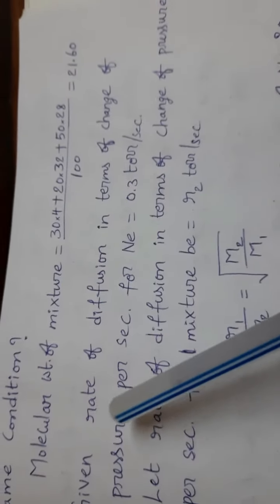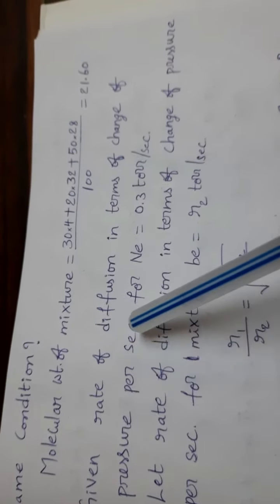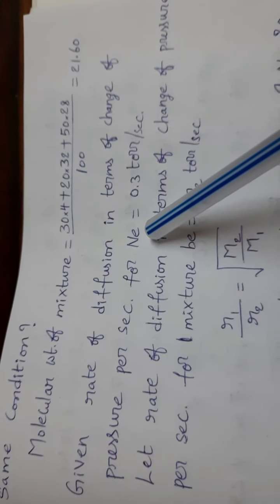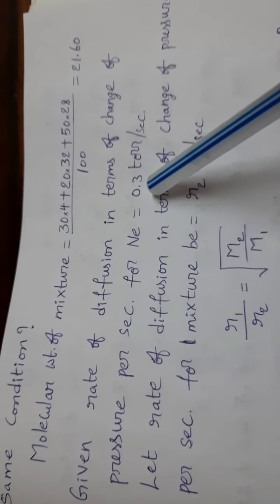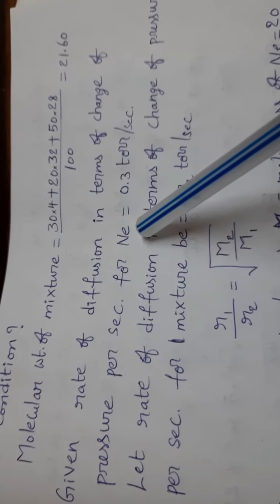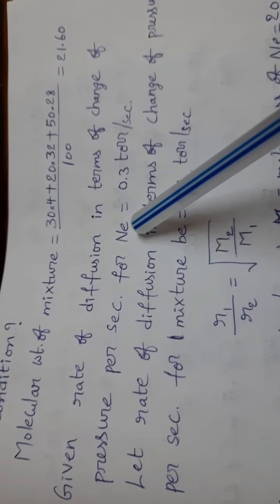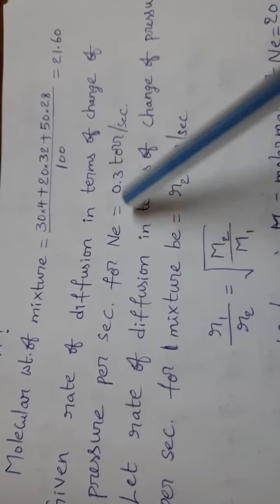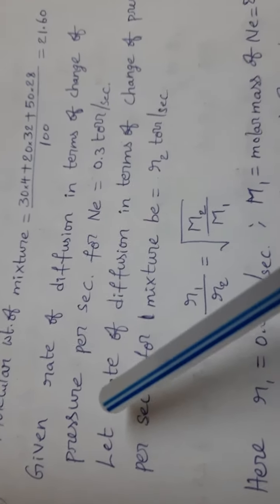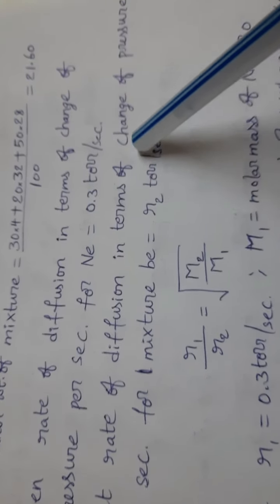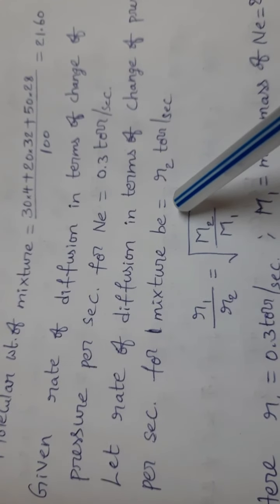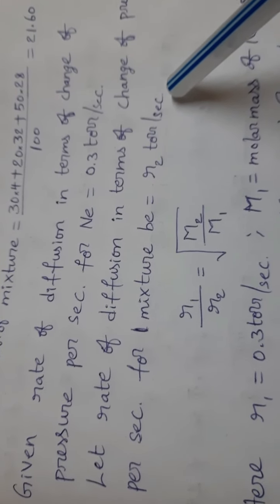Okay. Next, given rate of diffusion in terms of change of pressure per second for neon, how much? 0.3 torr per second. When neon undergoes diffusion, then inside the space capsule pressure decreases with this rate 0.3 torr per second. Let rate of diffusion in terms of change of pressure per second for mixture be R2 torr per second.